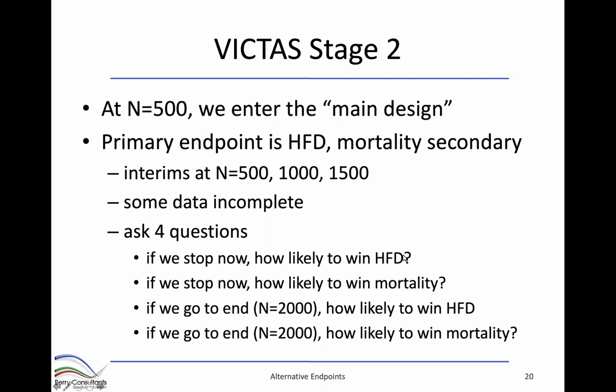How likely is it to win pressor and ventilator free days? And if we stop now, how likely is it to win mortality? That's uncertain because we have incomplete data. So we're talking about stopping accrual, following up all the patients, and then reporting the results. So we're saying, if we stop now, what's the chance we win each of those endpoints?